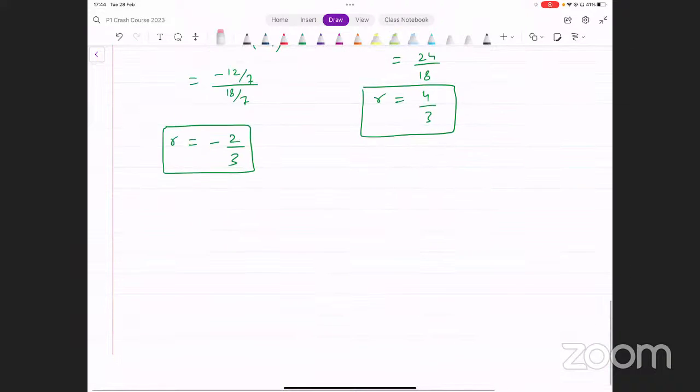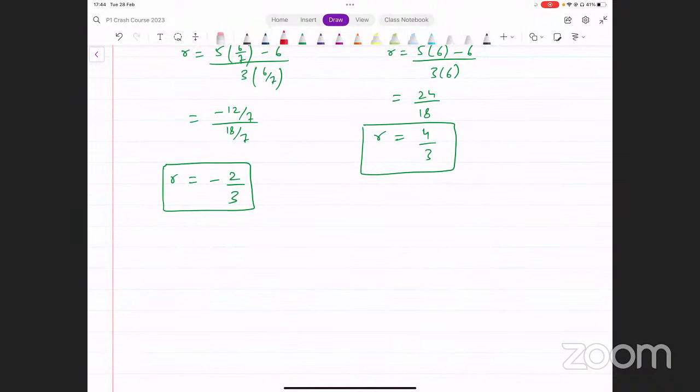Now, we have two answers here from the last part, which are telling us either r could be minus 2 over 3 or it could be 4 over 3. Now, which one of these falls in the range, in the interval for r? So for the series to be convergent, ratio should be between minus 1 and 1.